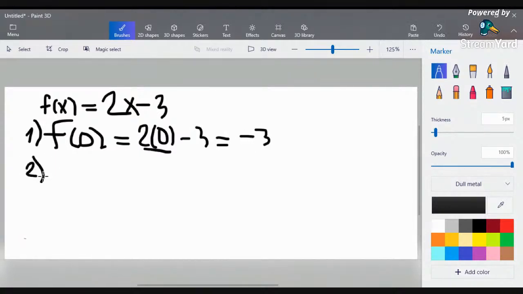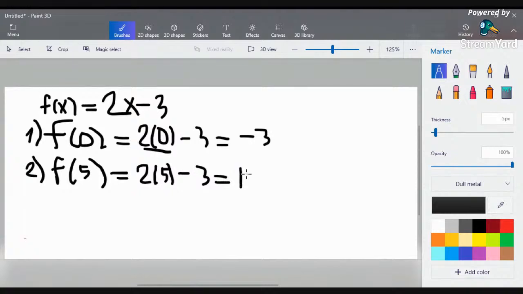Let's continue. Number 2, we have f of 5. So all we have to do is substitute the value of x by 5: 2 times 5 minus 3 equals 10 minus 3, we get 7. Okay, let's proceed to number 3, f of negative 1.